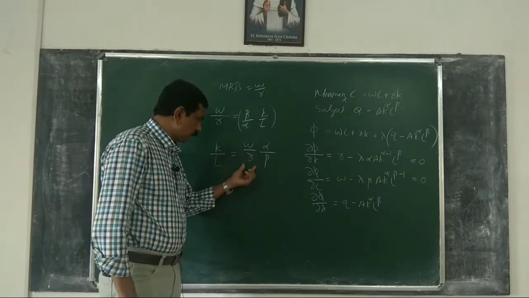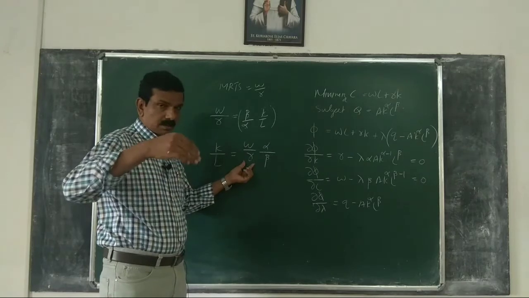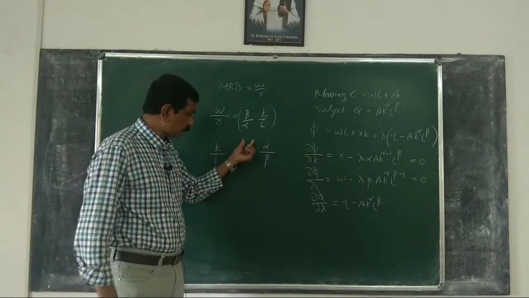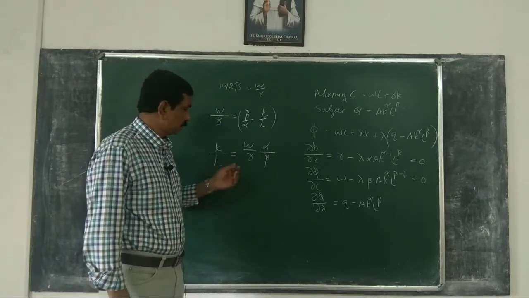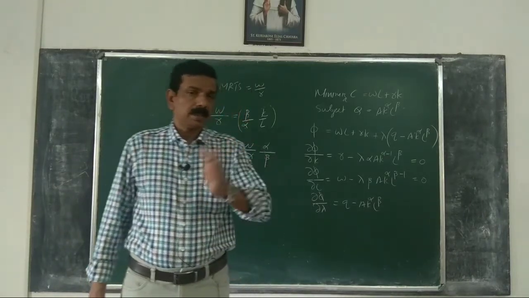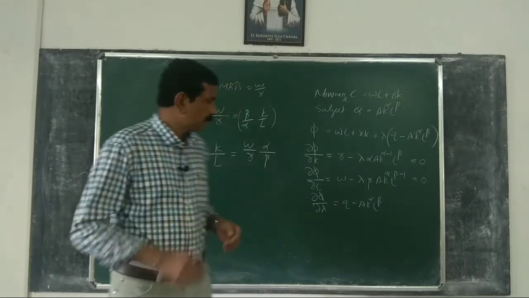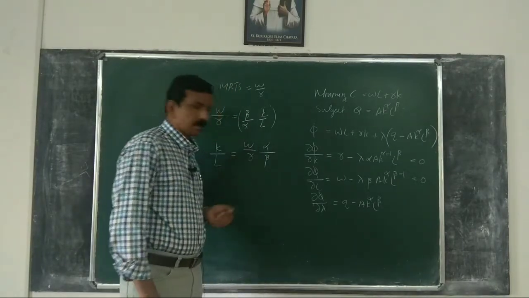In a competitive economy, where the firm is purchasing labor and capital from a competitive factor market, whatever amount of labor and capital is purchased by the firm, W by R will remain the same.